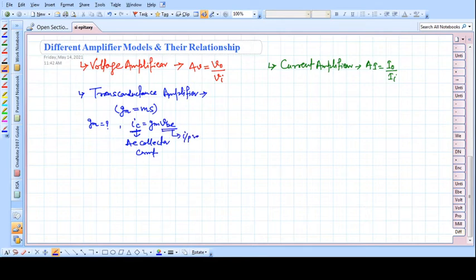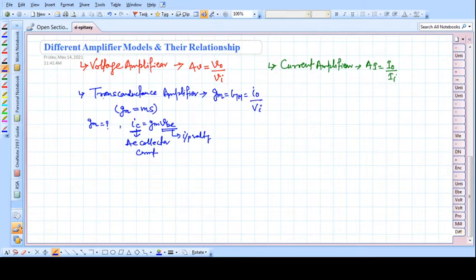Okay, input voltage. In more general I will draw the equivalent circuit for each and every amplifier model. So this we can write as the term GM, or maybe written as capital GM. The output is simply the collector current, so it is I naught by V in.